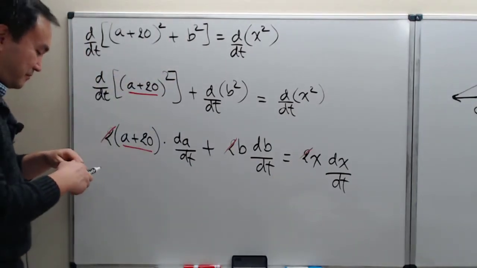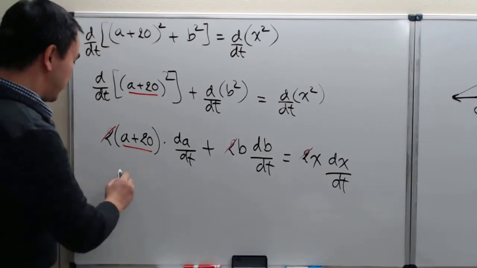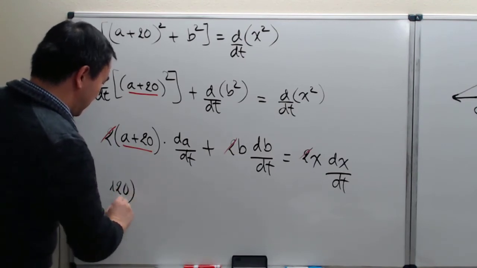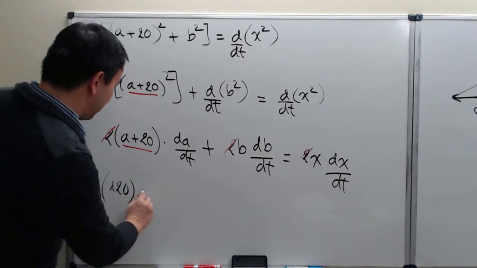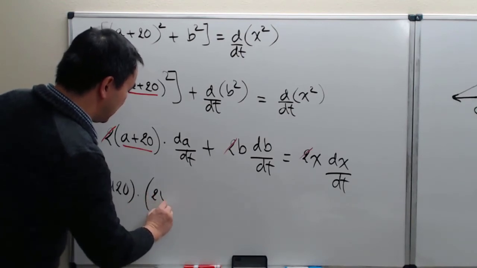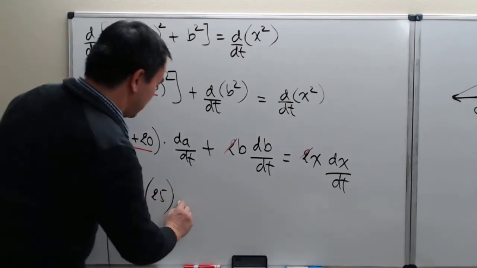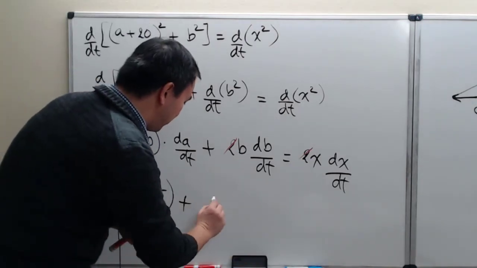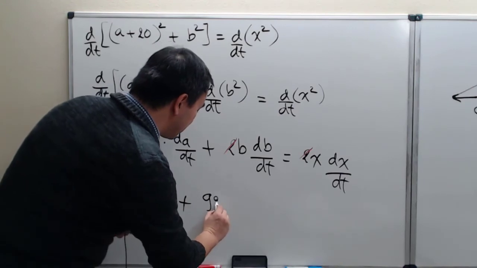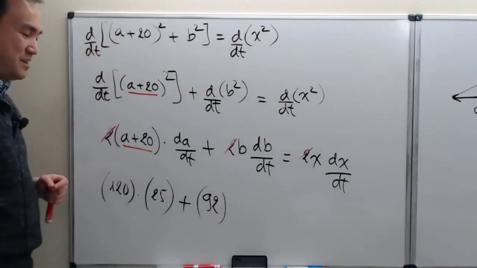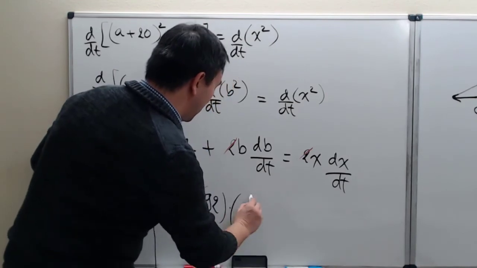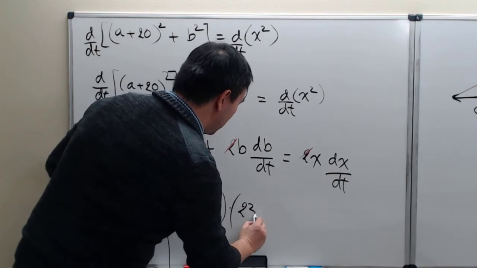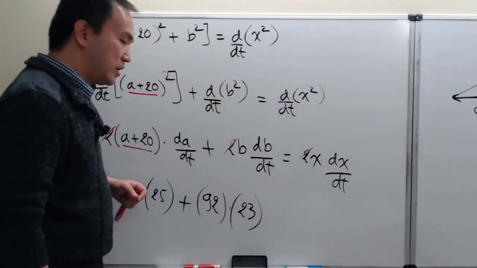Okay. And so now A equals 100. So now I'm looking at 100 plus 20, I'm looking at 120, times dA/dt, which is 25. So I'm substituting 25 for dA/dt, plus my B value at 4 p.m., which gives me B being 92. And at that instance, ship B was traveling at 23 knots.